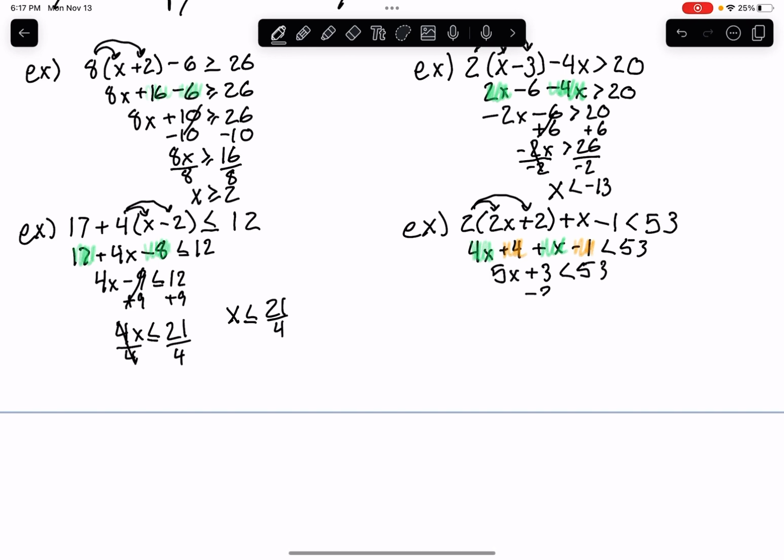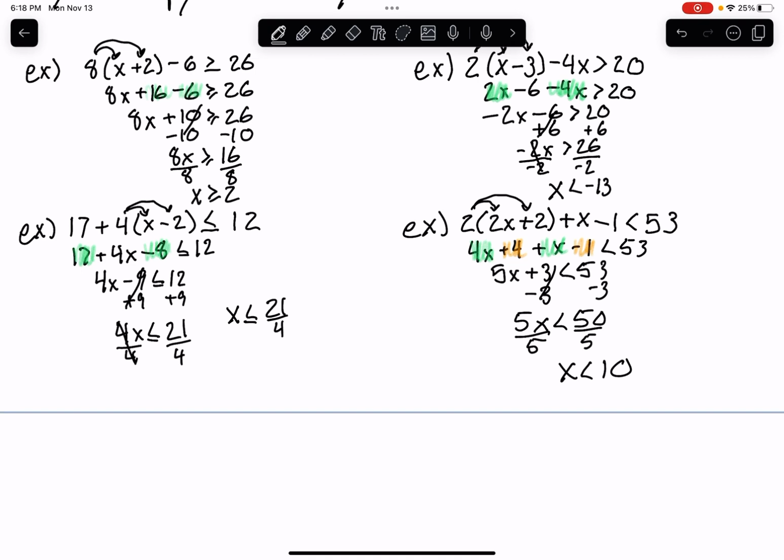Two-step, minus 3 minus 3. 5 times x is less than 50. Divide it out. So x is less than 10.